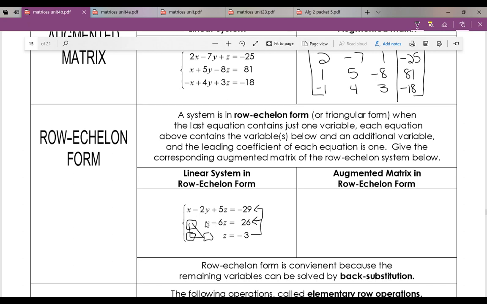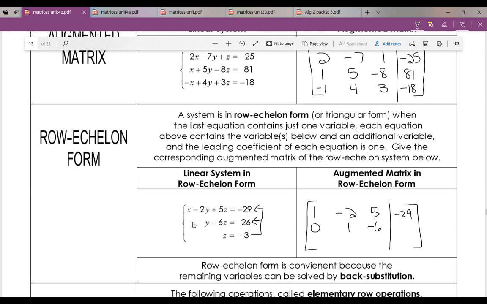Now, to take this and put it into augmented matrix form, I've got 1, -2, 5. You do not have to put this bar. I just do it to separate my coefficients and my constants. 0, 1, -6.